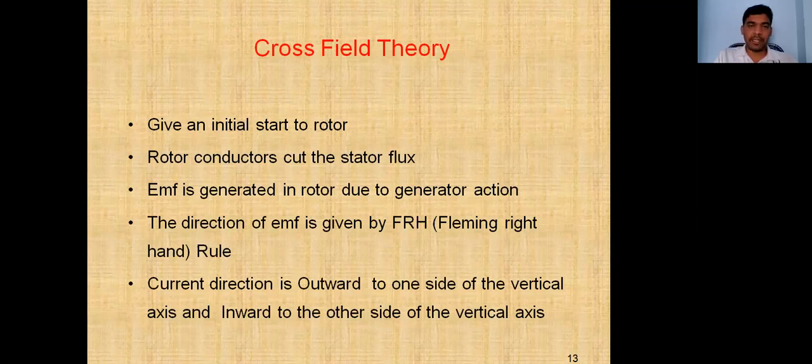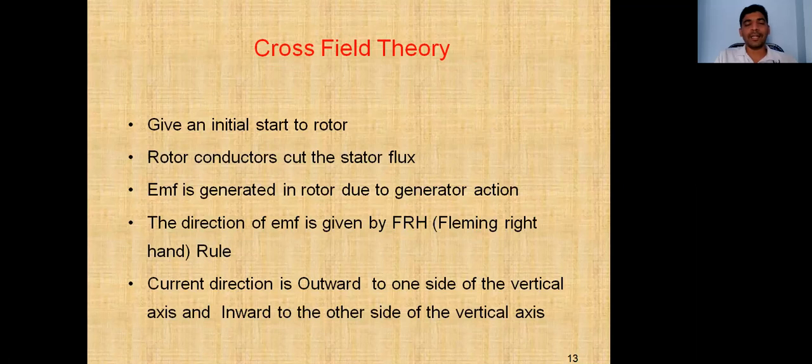So give an initial start to the rotor. The rotor conductors cut the stator flux, and EMF is generated in the rotor due to generator action. The direction of EMF is given by Fleming's right-hand rule.